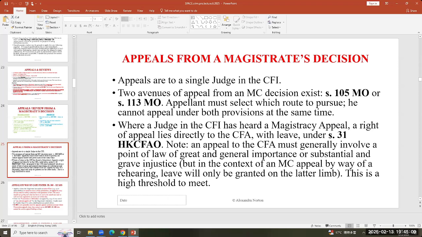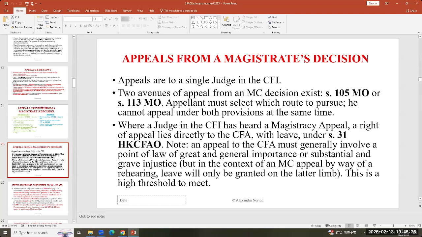Because if the case originated in the magistrate's court and there's an appeal to the CFI, that's appeal 1. If another appeal was then allowed to the Court of Appeal, that would be appeal 2. And then there could be a third appeal to the CFA. So that would be 3 appeals up the chain. But if the case originates in the district court or CFI, first appeal to the Court of Appeal, second appeal to the CFA, right?